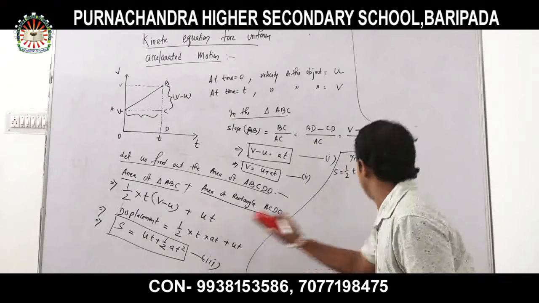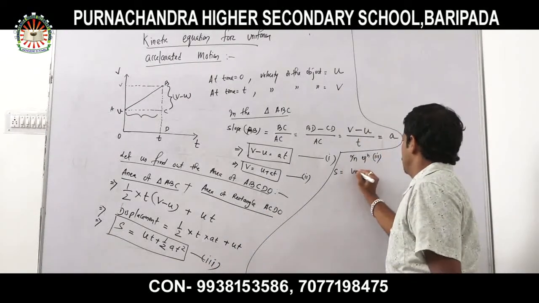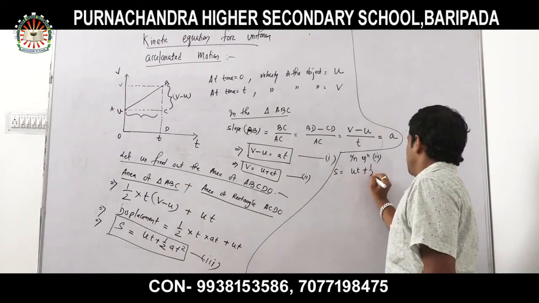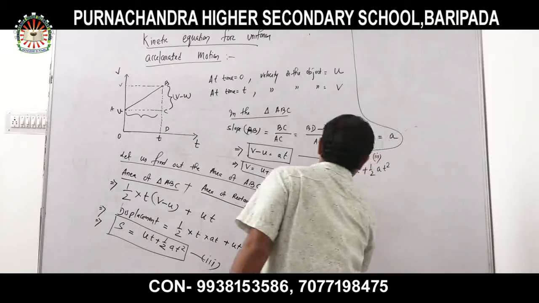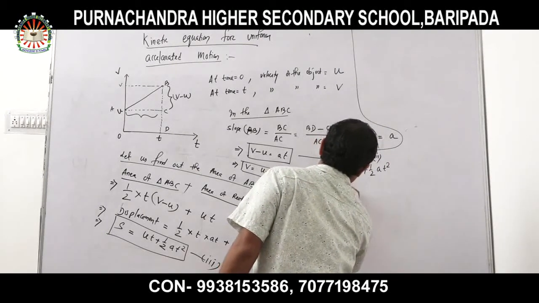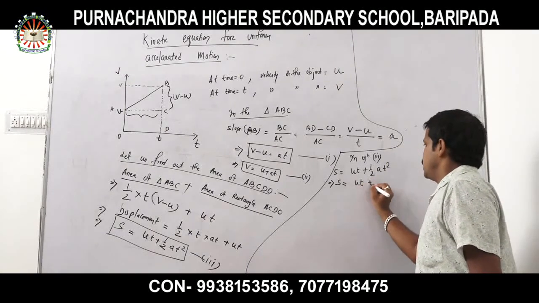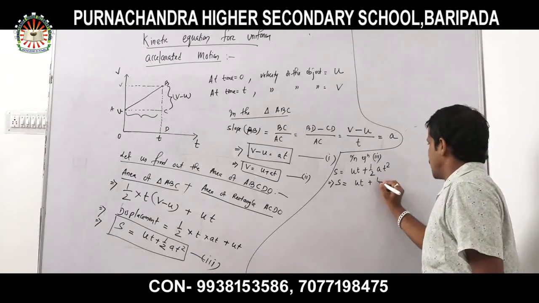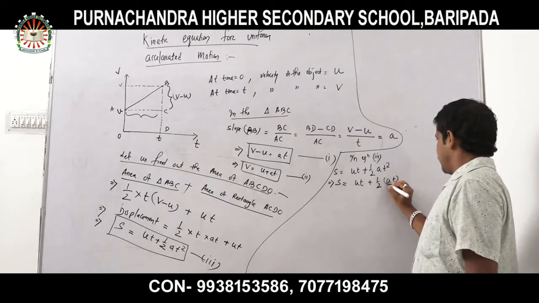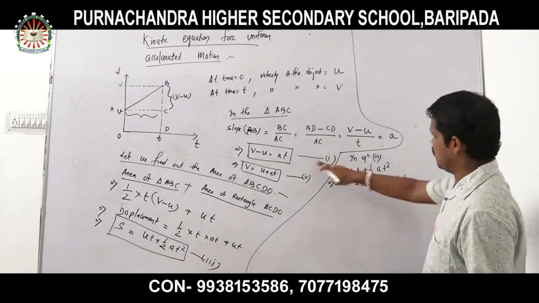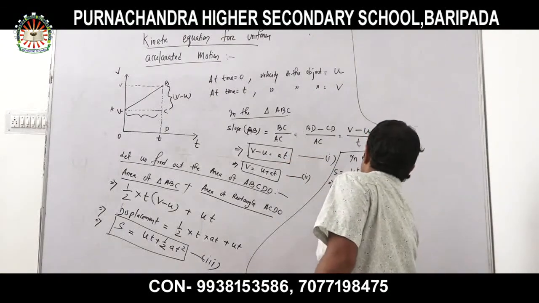Let us write the last one better. S is equal to UT plus half AT square. So that implies S is equal to UT plus half, and in place of AT, taking A common with this T, I can put V minus U. Very simple.